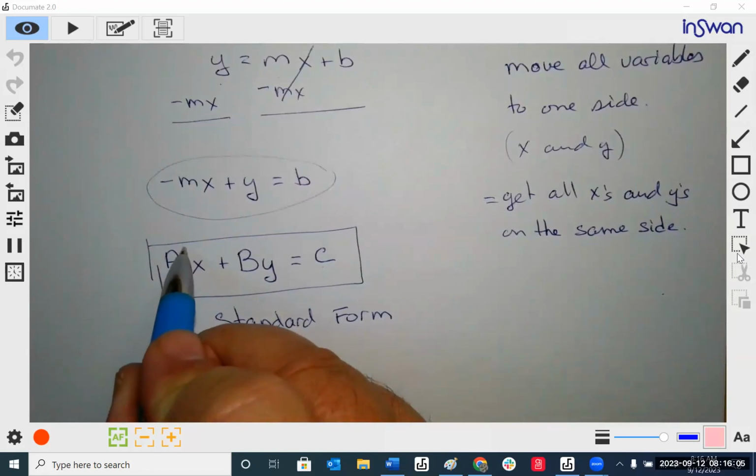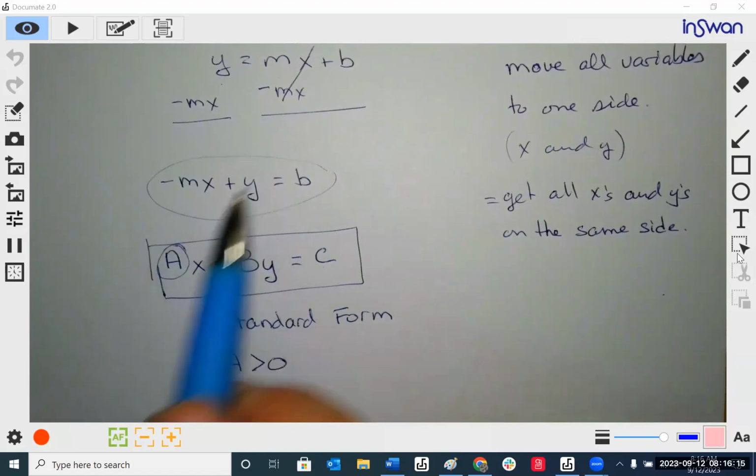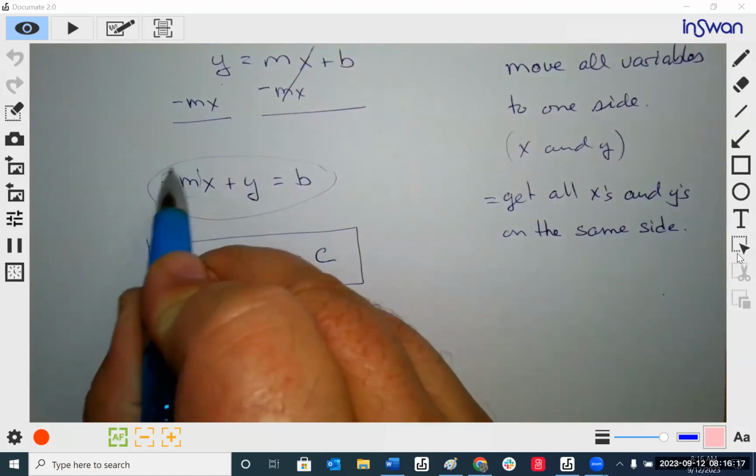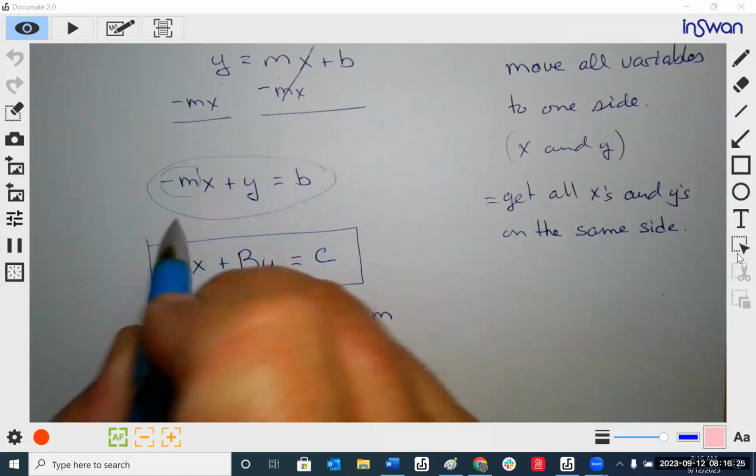The leading term, the leading coefficient, A, has to be positive. So in this case, whatever's in front of the X has to be positive. What do we do here then? Change all the signs. Just change all the signs.